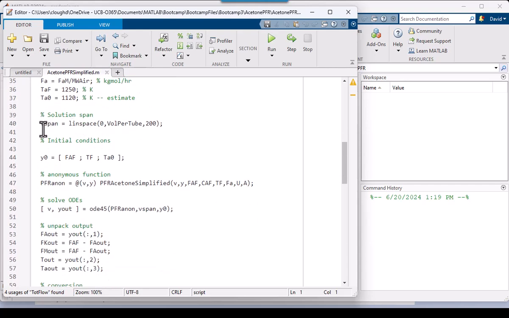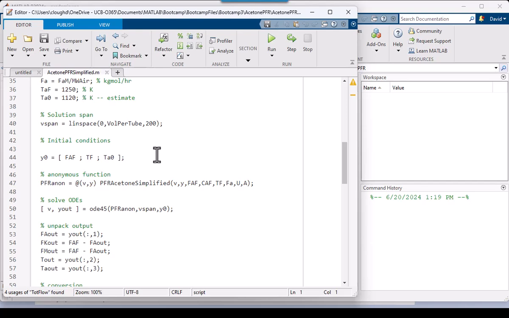Then we come down and we set V-span for 200 points for one tube, and we have initial conditions of the feed, the temperature, and the TA0 for the temperature of the air as it exits the reactor at V equals 0. Temperature of the feed is TF.